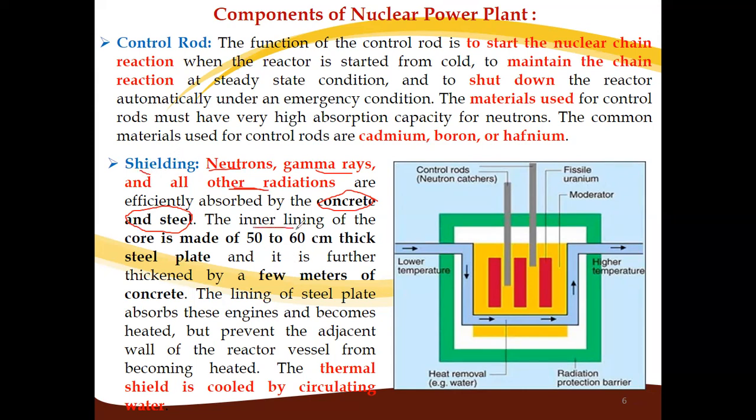So how can this shielding be done? The inner lining of this core is made up of 50 to 60 centimeter thick steel plate. This is the inner lining of the core, and it is further thickened by a few meters by using concrete layers.